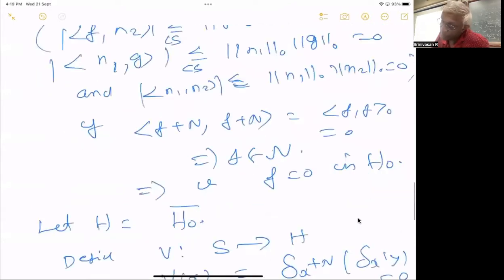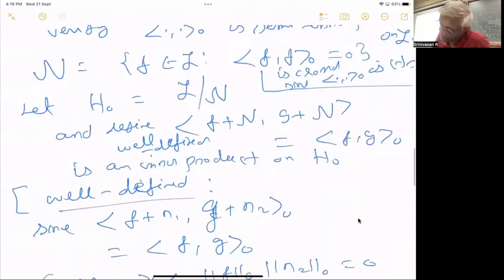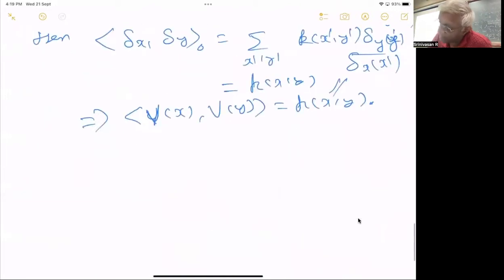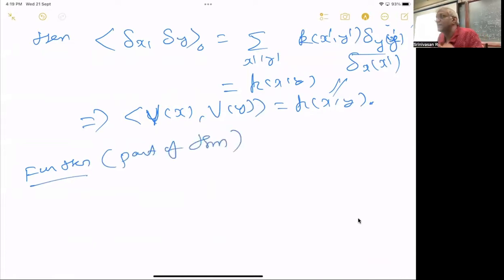Now there is some uniqueness. So maybe I will write it here further, as part of the theorem. The Hilbert space is unique, but Hilbert space is unique means it's unique up to unitary.